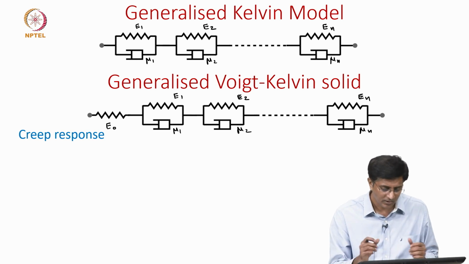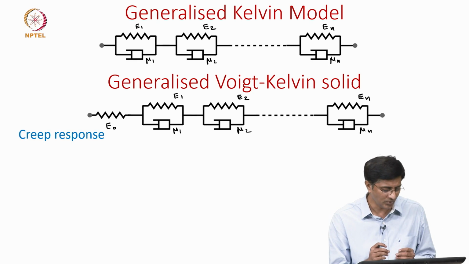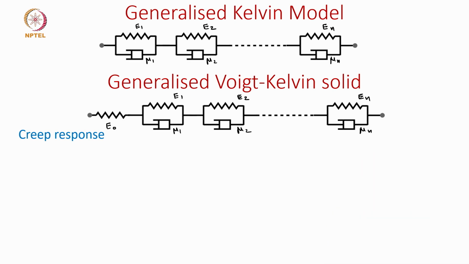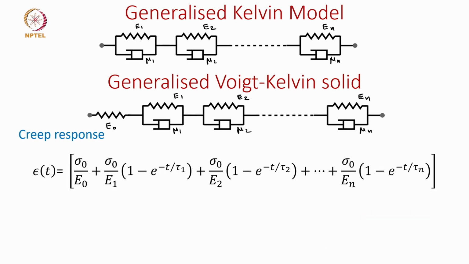Again, looking at the equilibrium equation and the kinematic equation, one should be able to write the strain. Strain is simply the summation of strains in each of these elements. So, we should be able to write this first term coming from the free spring, the second term is the first Kelvin model, this is the second Kelvin model, and the last term is the nth Kelvin model.